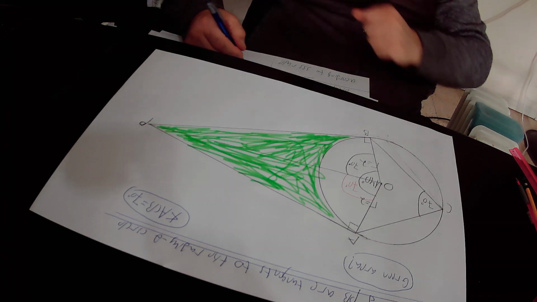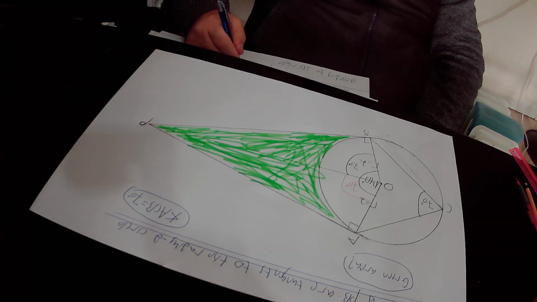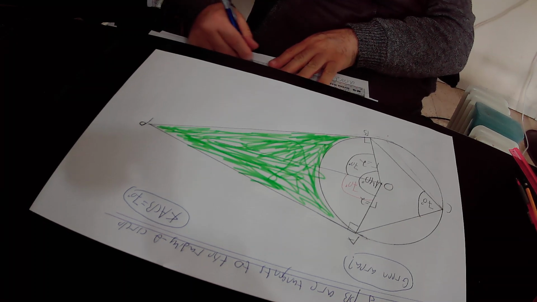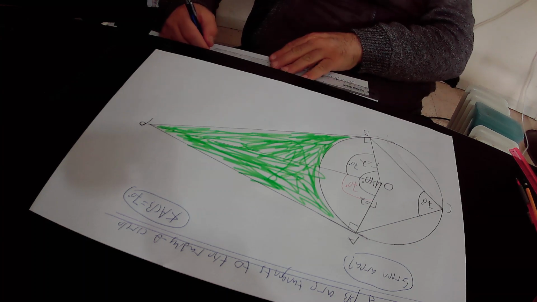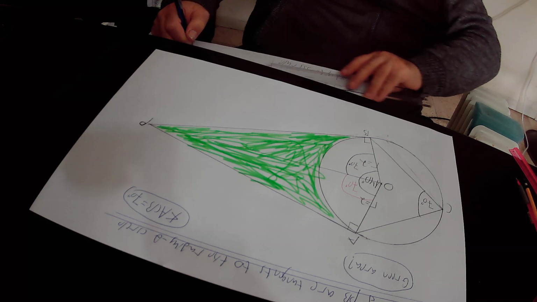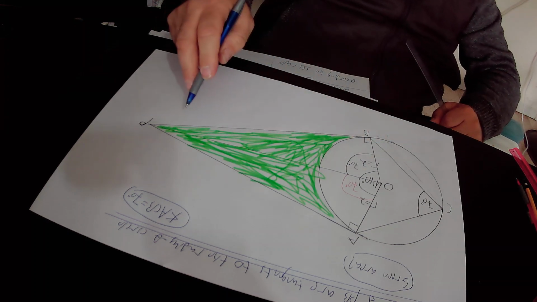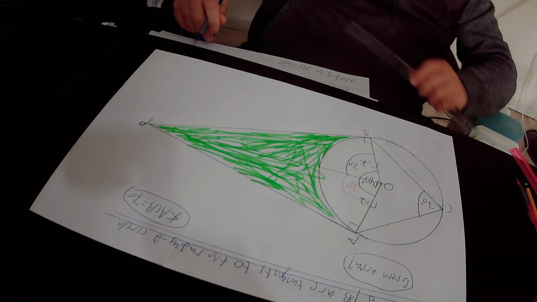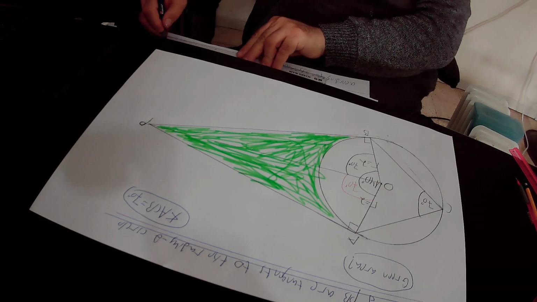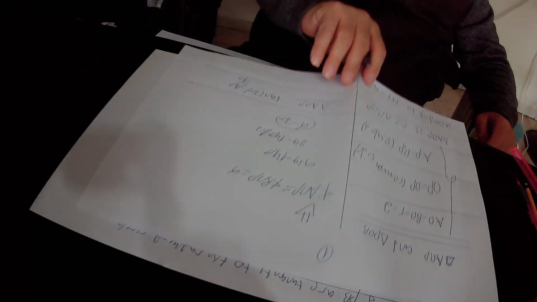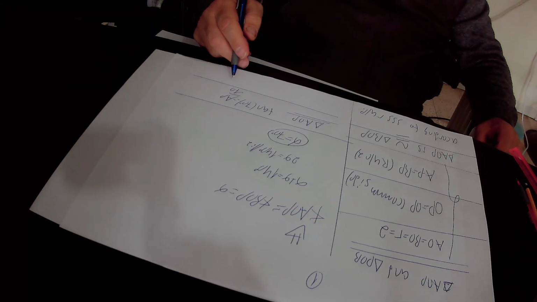What is the value of tangent 70 degrees? In the right triangle AOP, tangent 70 degrees equals AP over AO.